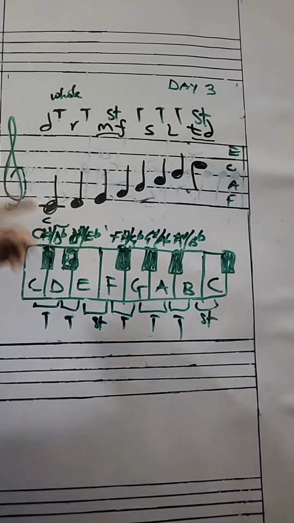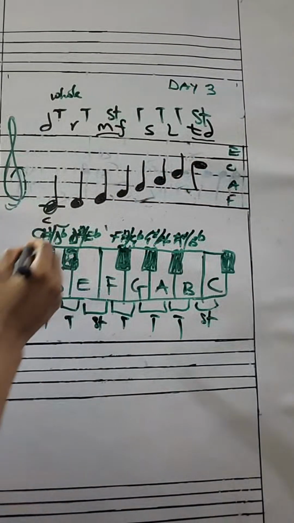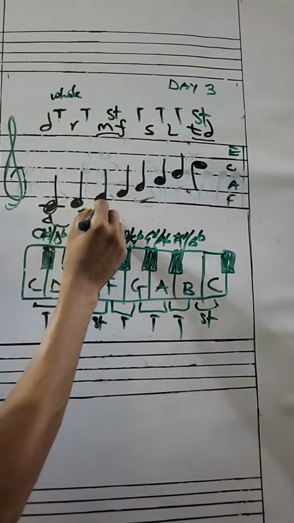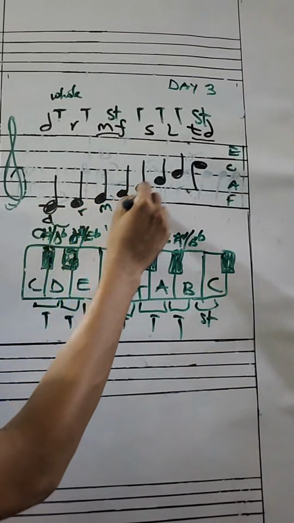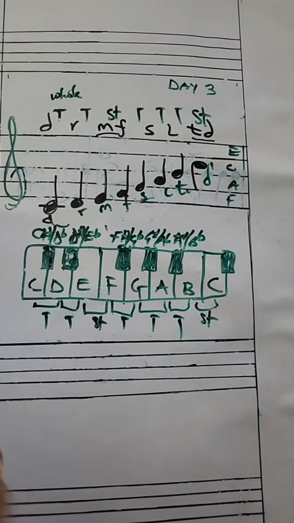So you already know that this is C, D, E, F, G, A, B, C. That is the same way you go do, re, mi, fa, sol, la, ti, do. So that is how you sing it too. The same way you sing it.